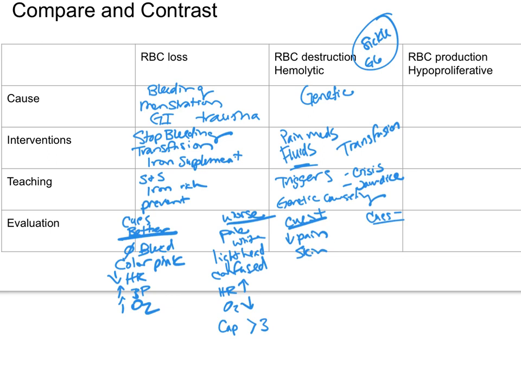Skin. Vitals. I think skin and vital signs is going to cross all of this, right? If we're trying to prevent crisis, what can we track that tells us we're doing it better? Decreased crises, decreased admissions to the hospital.